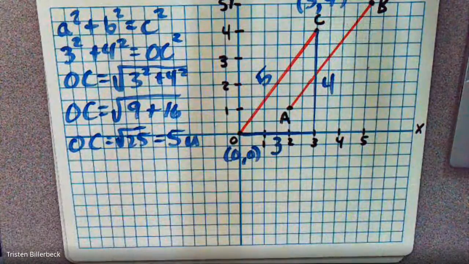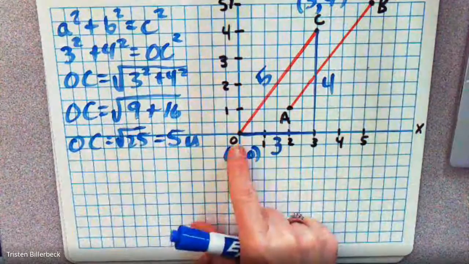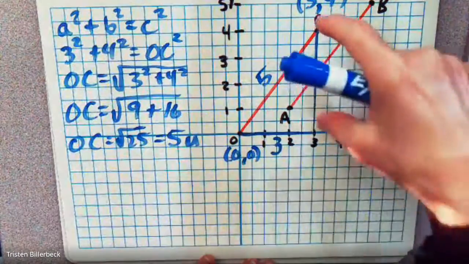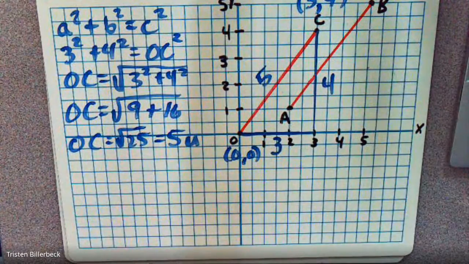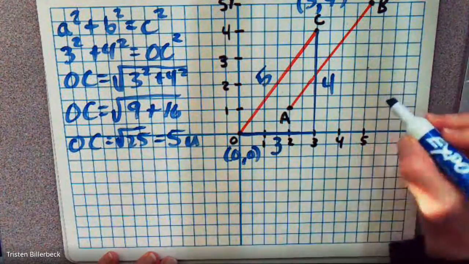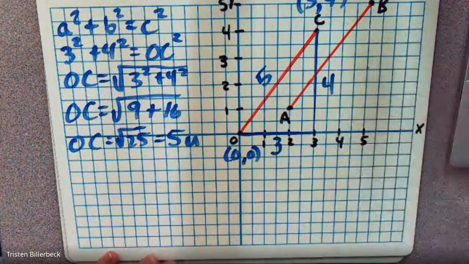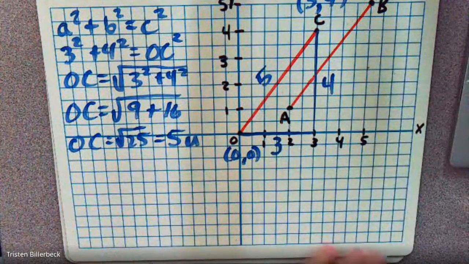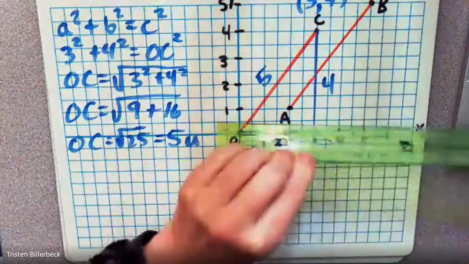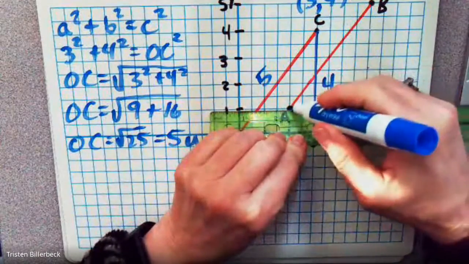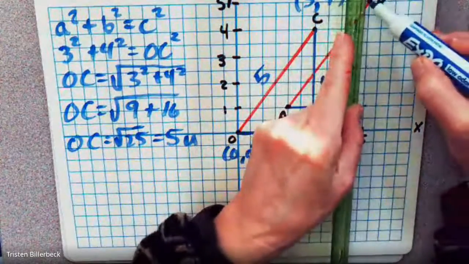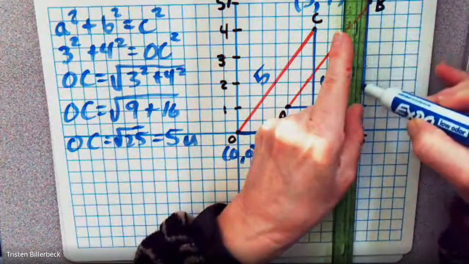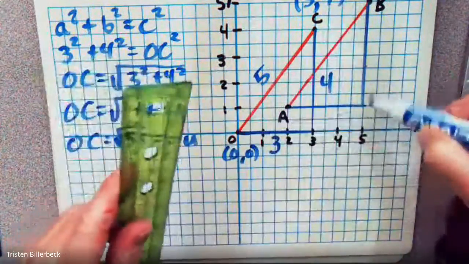Okay, but they're in different locations, so we can't just say, oh, that's 3 and that's 4. So what we're going to do is there's a formula for this where we could actually say, okay, so it's going to be a triangle here.